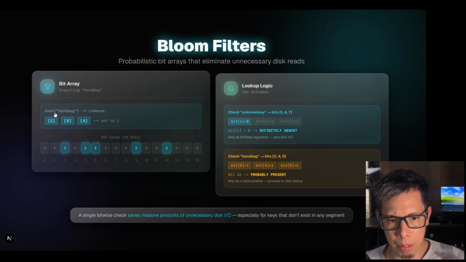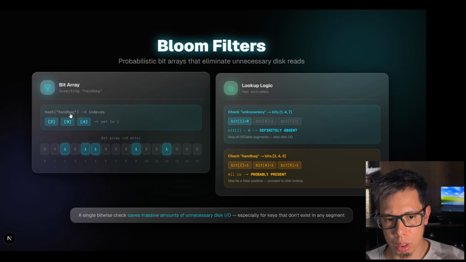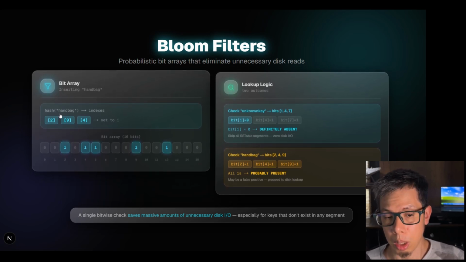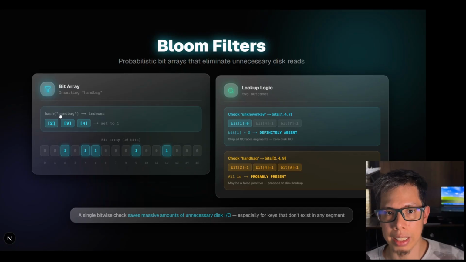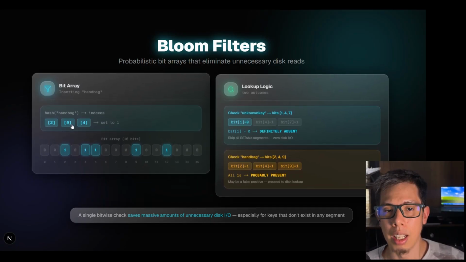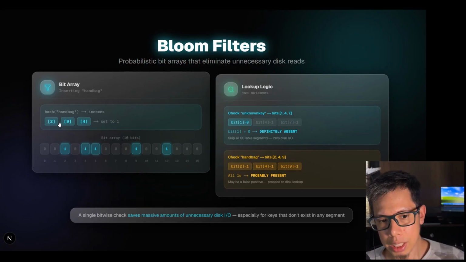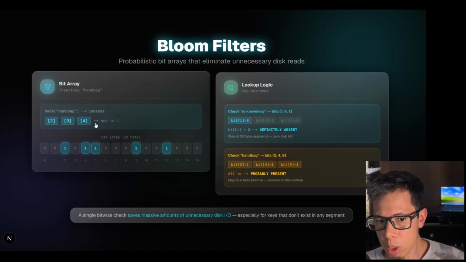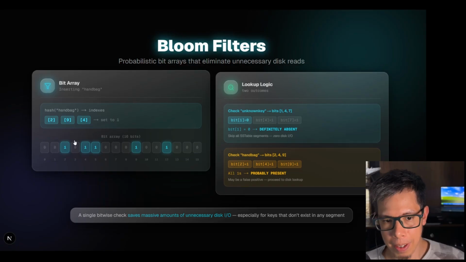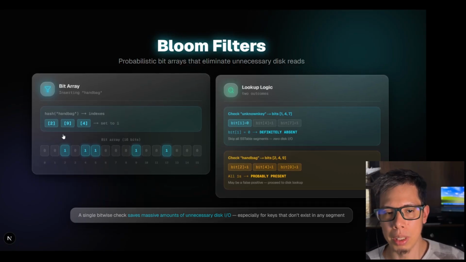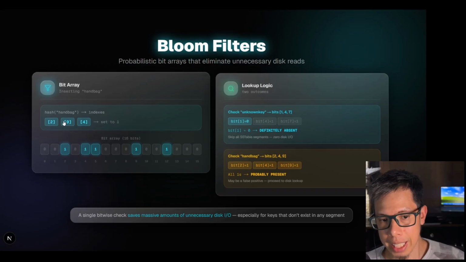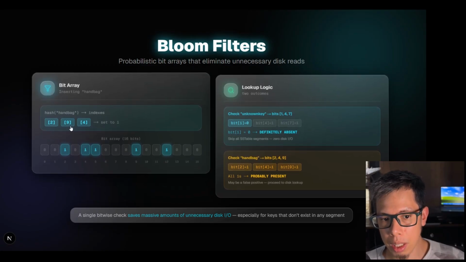So if you have a key that you want to find in this segment, you have to use the function to generate the hash, okay? And finally, it will produce this number, right?